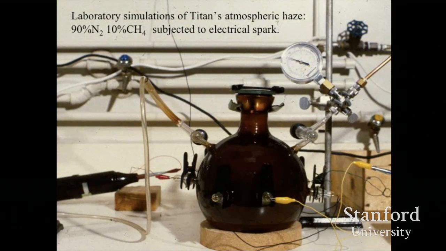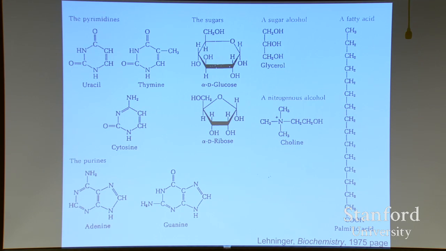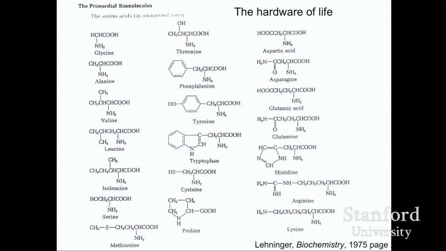I didn't have a picture of the Miller-Urey experiment, so I pulled one from our lab where we're doing the same thing in a Titan-like experiment. We take nitrogen and methane, put it in a flask, put a spark, and all sorts of complex organics are made. If you add water and ammonia, you find a lot of these things are made. A lot of things that aren't these things are made too, but these things are made.